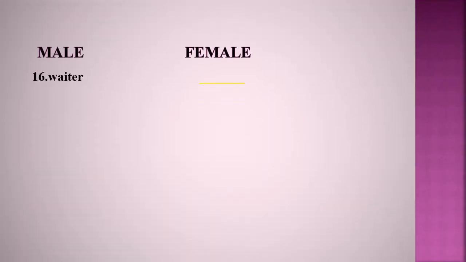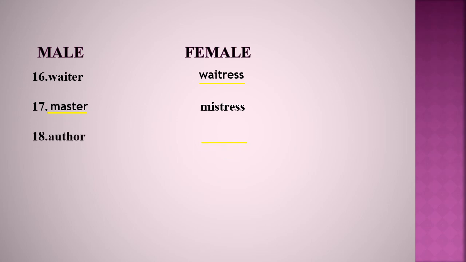16, waiter, waitress. 17, female mistress is given. You have to write its male. Master. 18, author, authoress. Author and authoress mean writer, those who write stories or plays. 19, female empress is given.